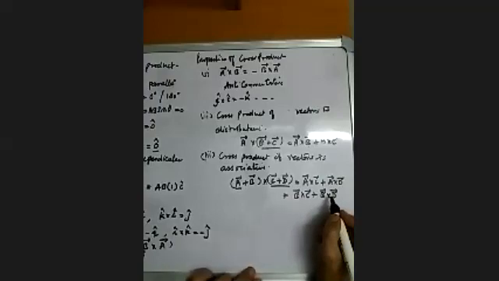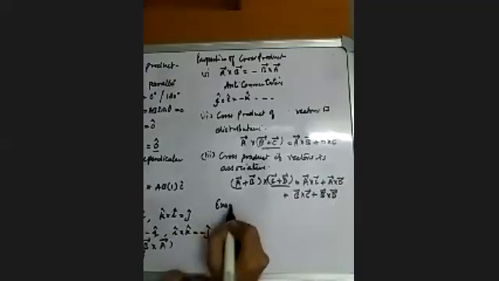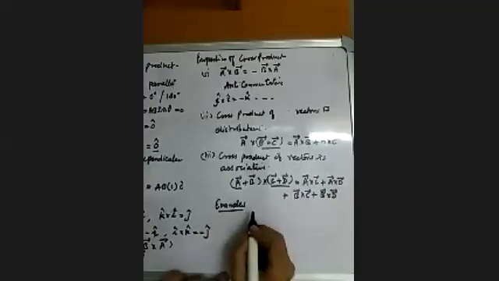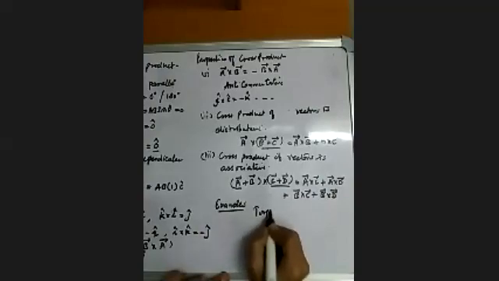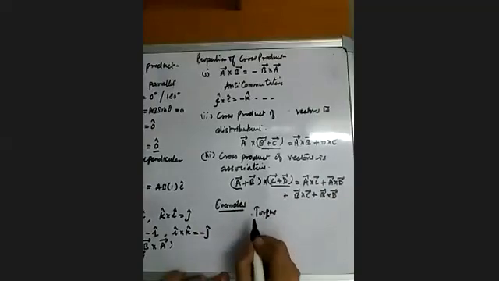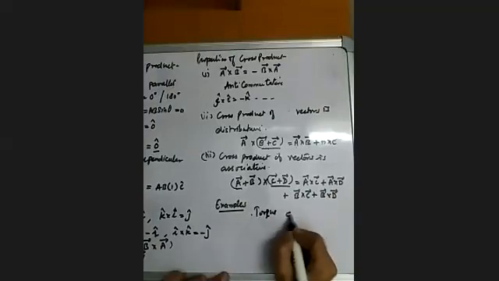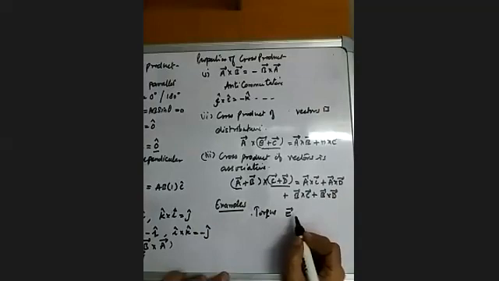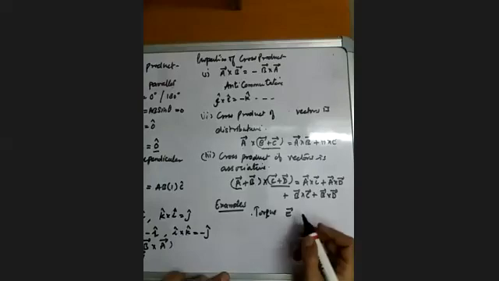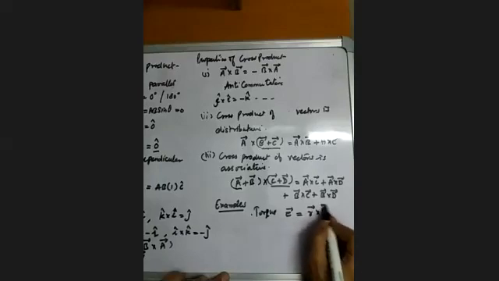Okay. Now examples of cross product. So one example is torque. Torque is represented by tau vector. So the torque acting on a particle is equal to the vector product, the cross product, of the position vector and the force vector. So it is equal to r vector cross f vector.